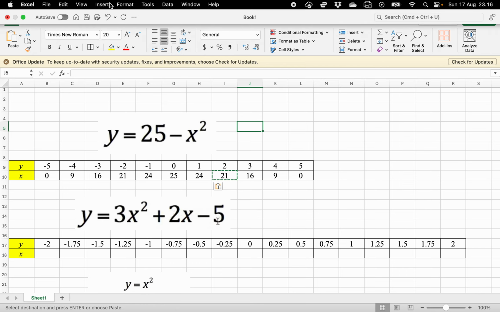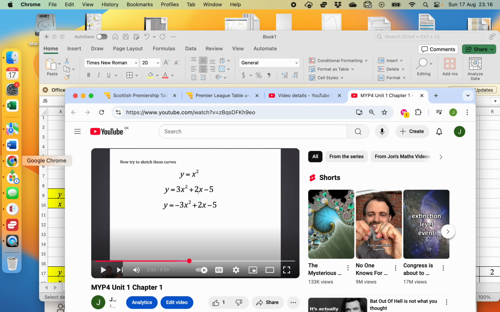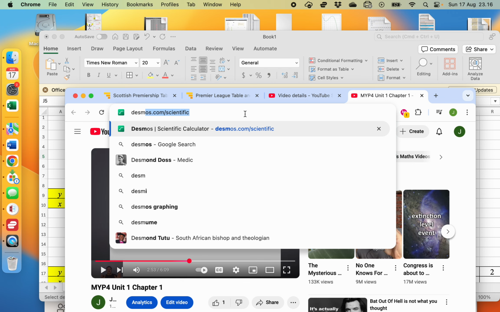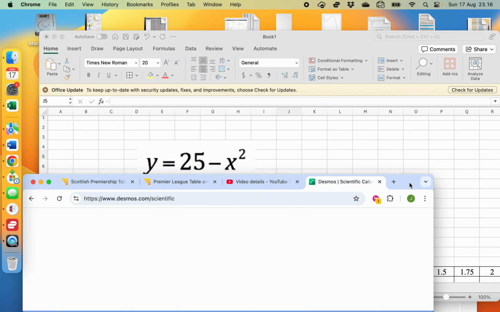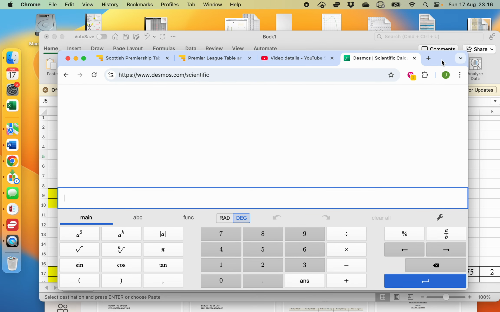Another way to do this is in the Desmos calculator. So what I can do in Desmos is just put the function in, like y equals 25 minus x squared, and it puts a big warning sign there because it doesn't know what x is.